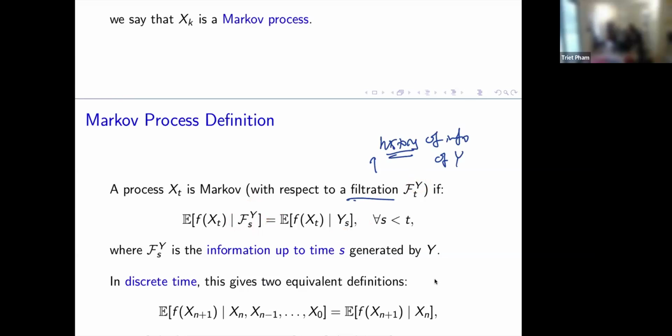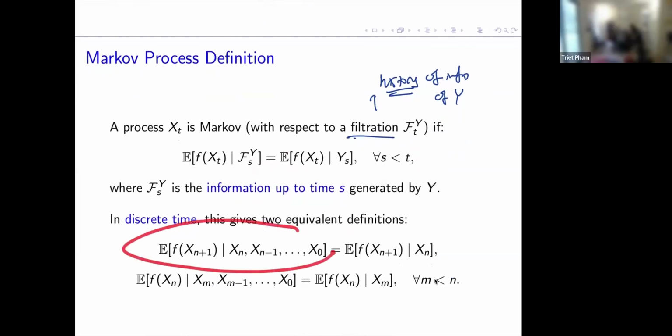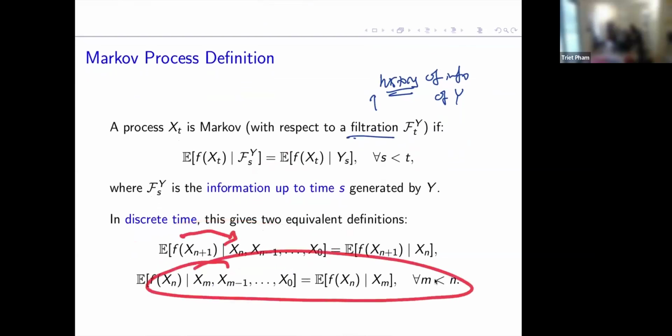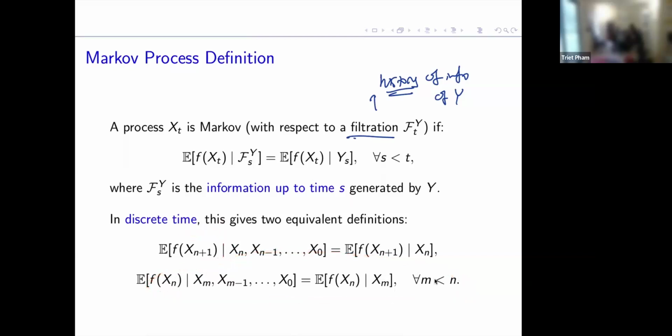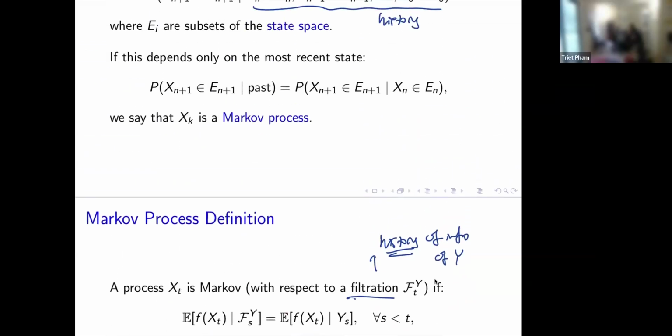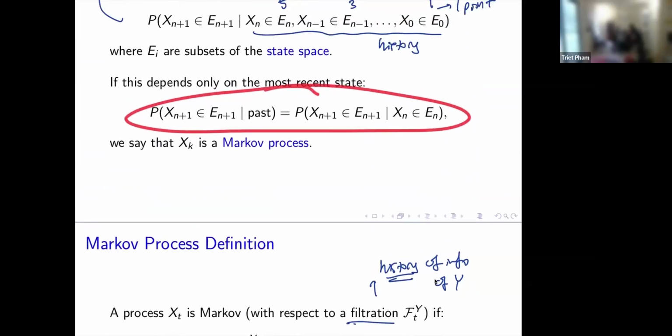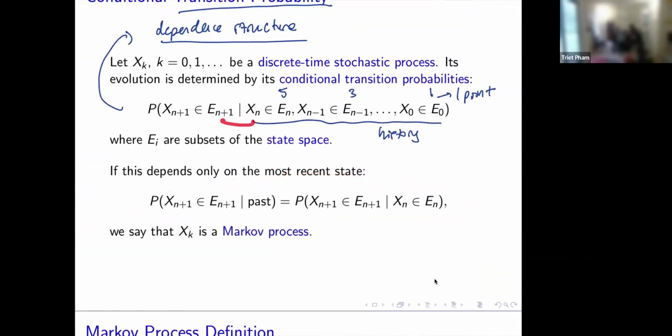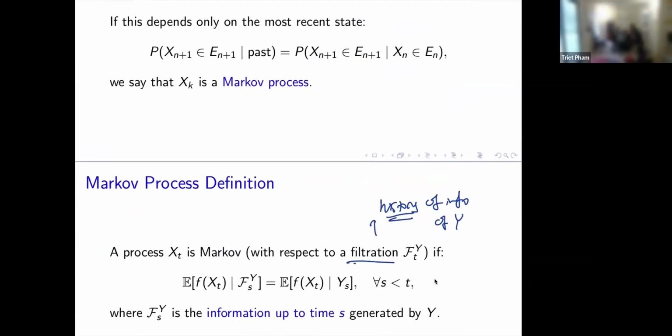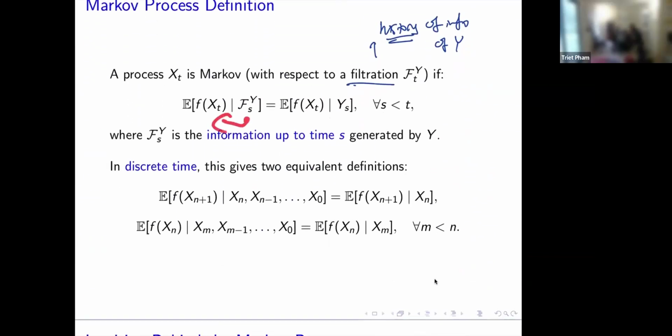Now, same thing, but really now we'll go back to Markov with respect to itself. And notice, what is the novelty here compared to the previous slide? Several novelties. The first one is, notice the time gap here is n to n plus 1. The time gap here is s to t, or notice here, m to n, as long as m is less than n.